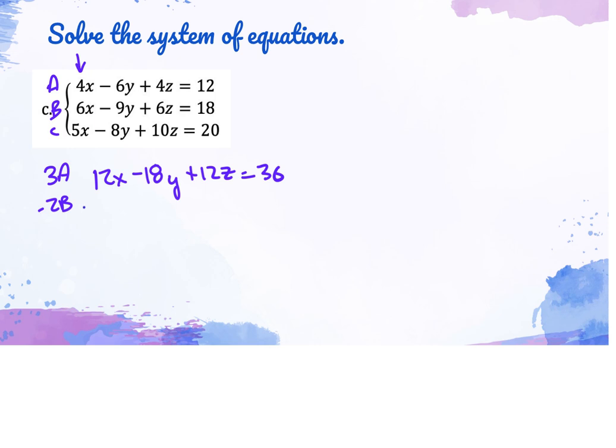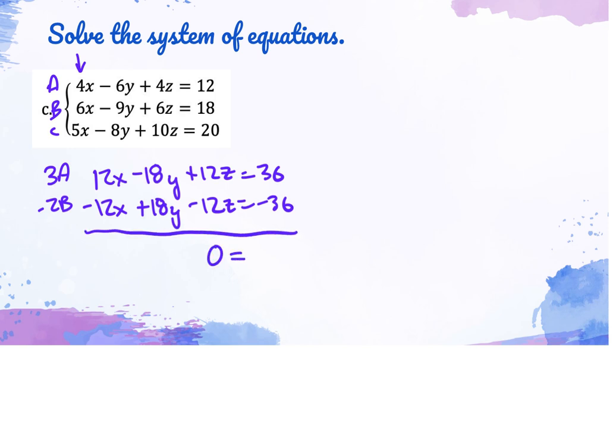And negative 2B is going to be negative 12X plus 18Y minus 12Z equals negative 36. Now please notice, when I add those two together, everything goes away. I am left with 0 equaling 0. That tells me that it is an infinitely many solution problem.